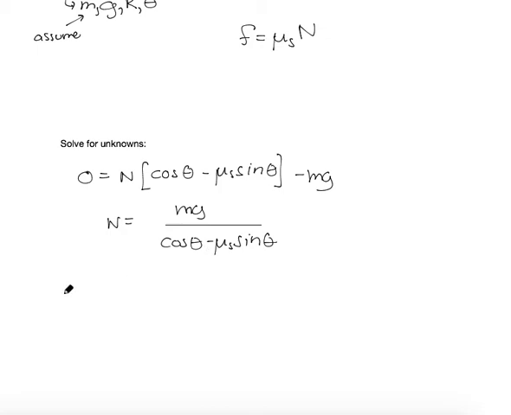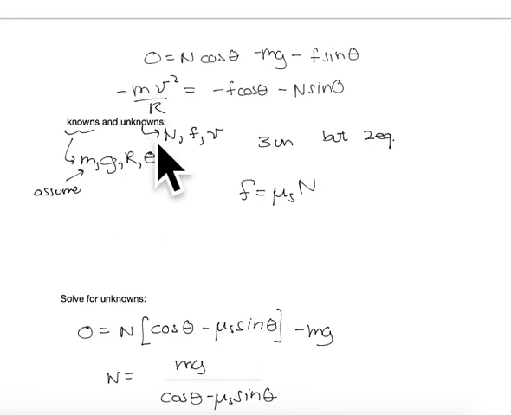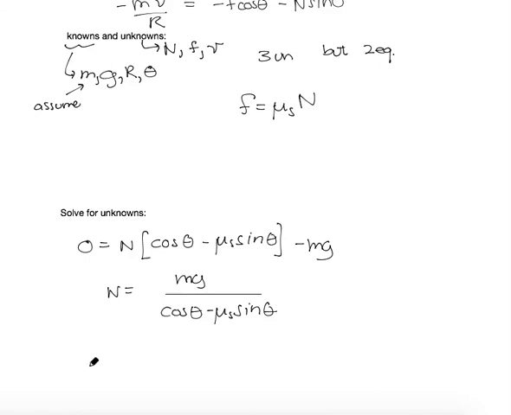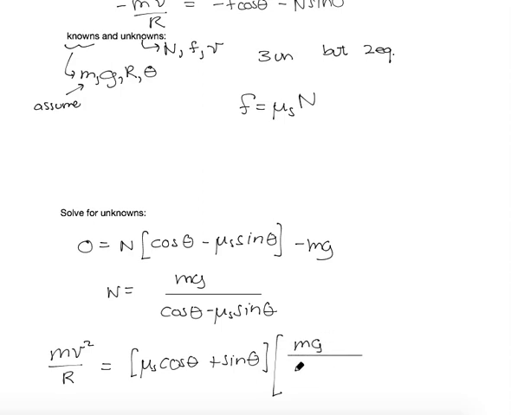Then I can do the second equation and plug in for n and friction. So mv squared over r equals, substituting and factoring at the same time, mu cosine theta plus sine theta, and this is the factored out n, so this is just writing down n.